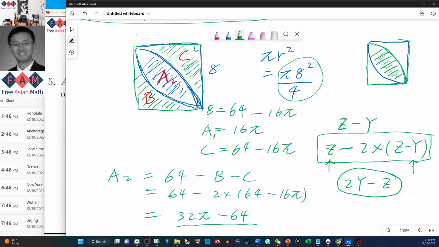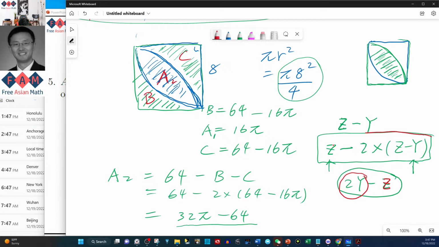So that really tells us this shadowed area is just 2y, which means the two sectors' area, then subtracting the whole square. So both will give us the same result. It's just that we interpret this result in two different ways.